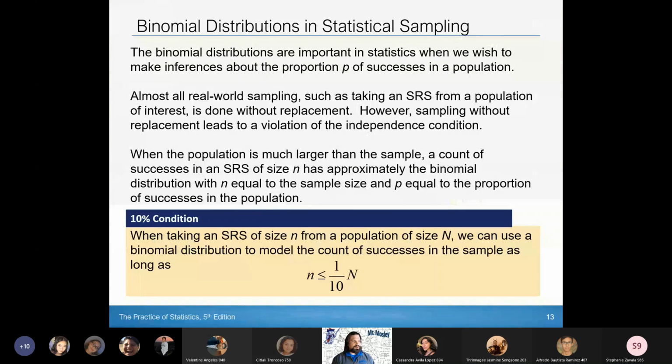So when we're checking BINS and we're told we're doing a simple random sample, if I can justify that the sample is less than 10% of the population I'm sampling from, then I can still say that BINS has been satisfied and I can use a binomial distribution, which is nice because mean and standard deviation are a little easier to calculate. We have a slightly easier calculation for probabilities. That's a good thing.